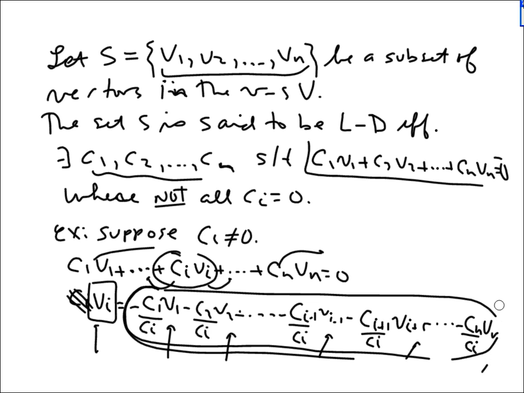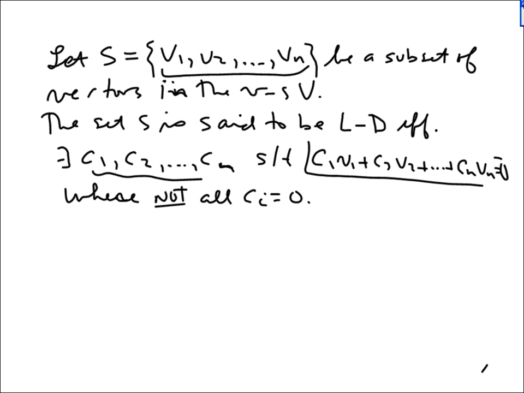Let's look at a more concrete example. Real numbers. If S is equal to the set of vectors (1, 0), (2, 3), and (0, 1).